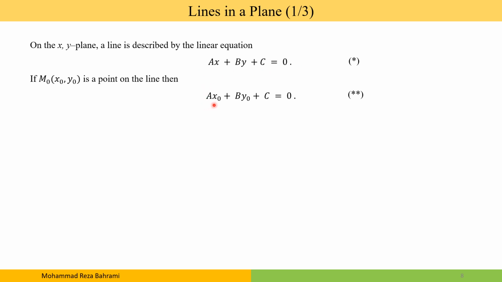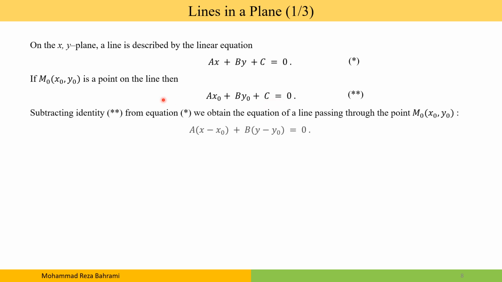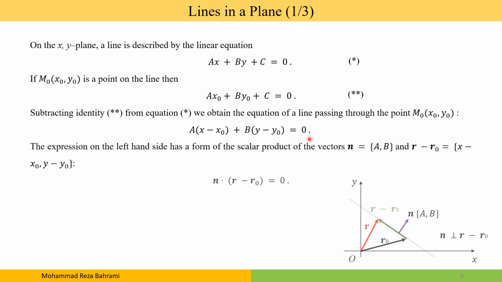So we have ax0 plus by0 plus c equals 0. Subtracting the second equation from the first equation, we obtain the equation of a line passing through the point m0. So we have a times x minus x0 plus b times y minus y0 equals 0.